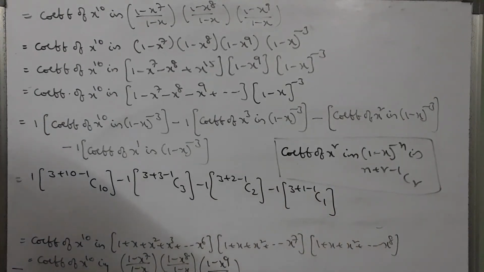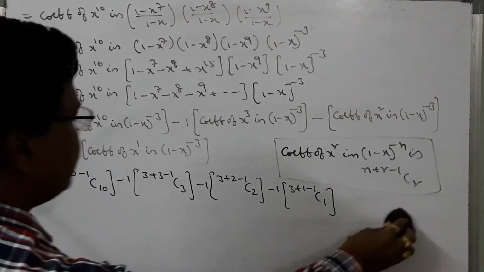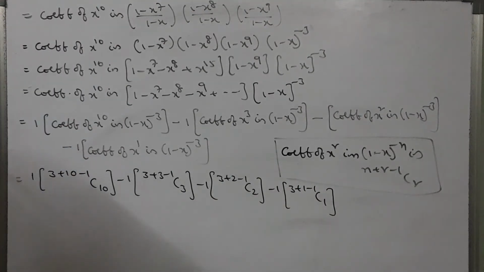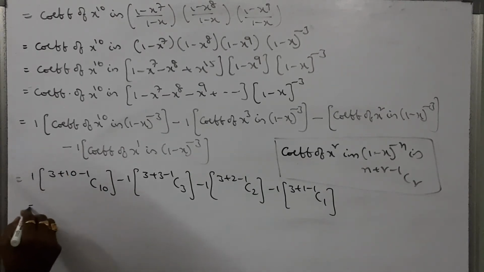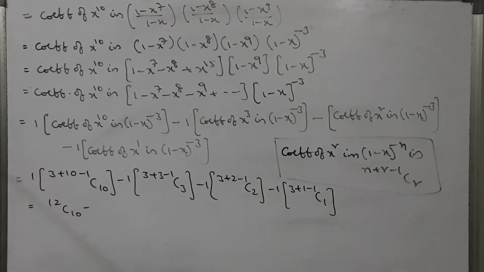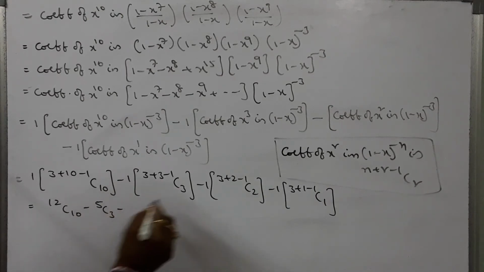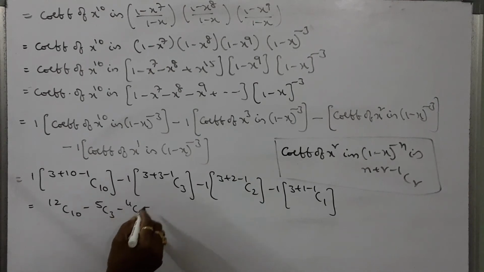So now let us simplify further. 3 plus 10, 13; 13 minus 1, 12. So nothing but 12C10 minus 5C3 (3 plus 3, 6 minus 1, 5), minus 4C2 (3 plus 2, 5; 5 minus 1, 4), minus 3C1.